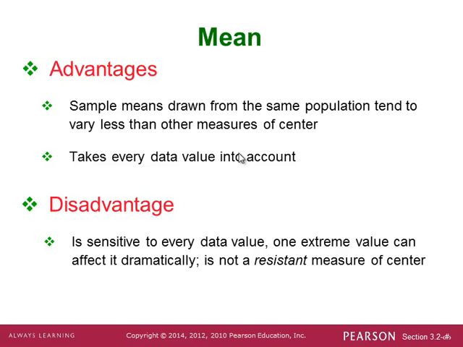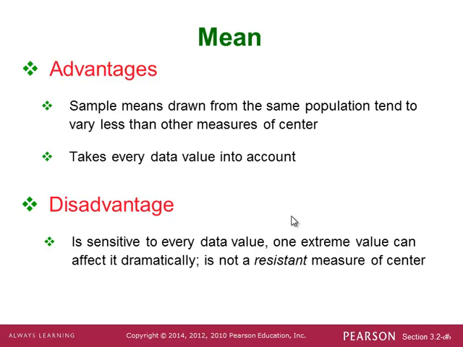But there is one key disadvantage of the sample mean as a measure of central tendency: it's sensitive to every data value. In particular, if you have an outlier, then your sample mean will be drawn toward that outlier.